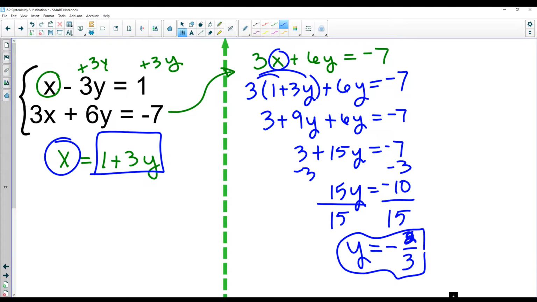All right, and then we gotta take this negative 2/3 and plug it back in. Remember, this would be the y value. So that means I'm going to put it where a y is. Anywhere there's a y, right? But this is going to be the easiest spot.